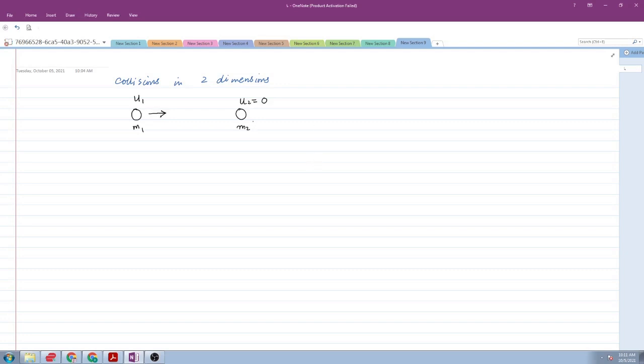After some time they collide, and this time we have a non-head-on collision. After the collision, m1 is moving towards this side with a new velocity v1, and definitely v1 should be smaller than u1 because this ball shares velocity with the target ball, while the target ball is scattered to this side with mass m2 and velocity v2.